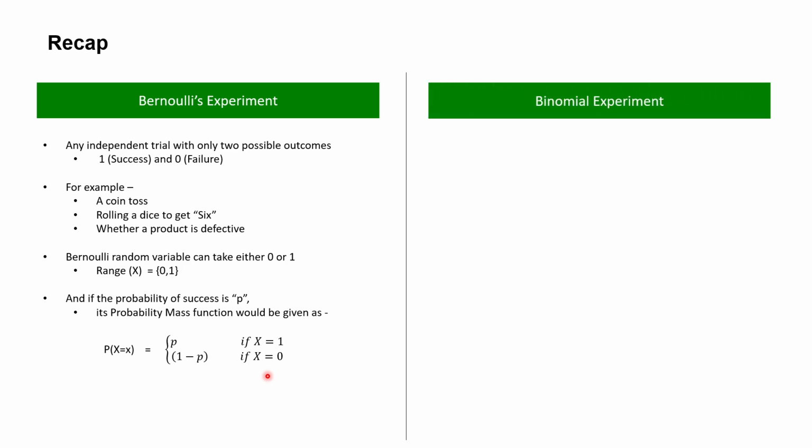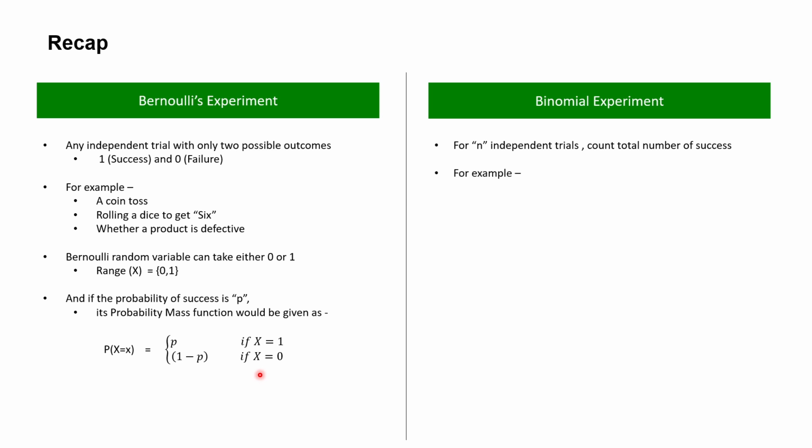But when it comes to a binomial experiment, it is a wider concept than Bernoulli. I would say it is an extended Bernoulli experiment where we have more independent trials rather than one. It has n independent trials, and then we count the total number of successes in those n trials.